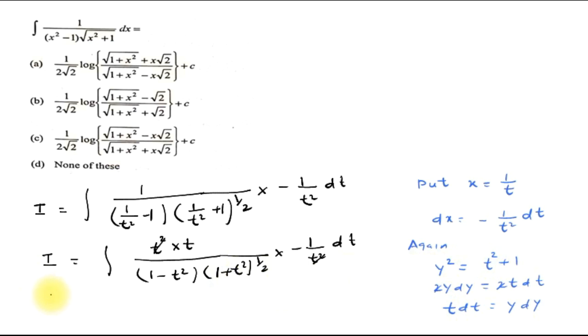So the above integration can be written as I is equal to minus integration of t dt divided by 1 minus t square, that is, 1 minus t square can be written as y square minus 1 minus t square, here t square can be written as y square minus 1, into 1 plus t square is y square to the power half into t dt.